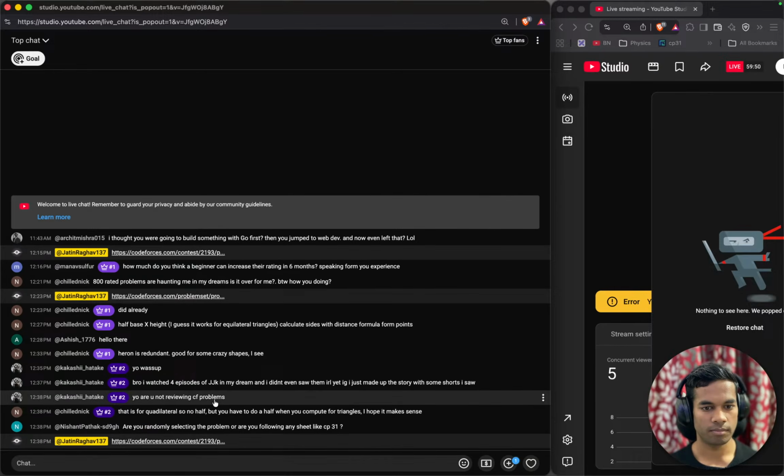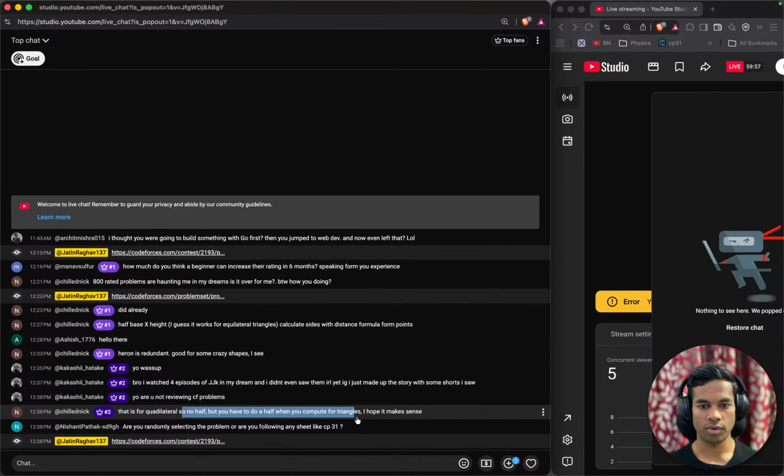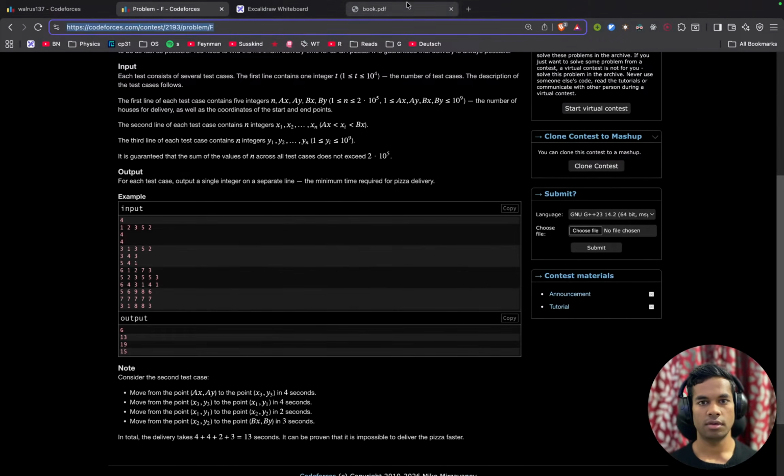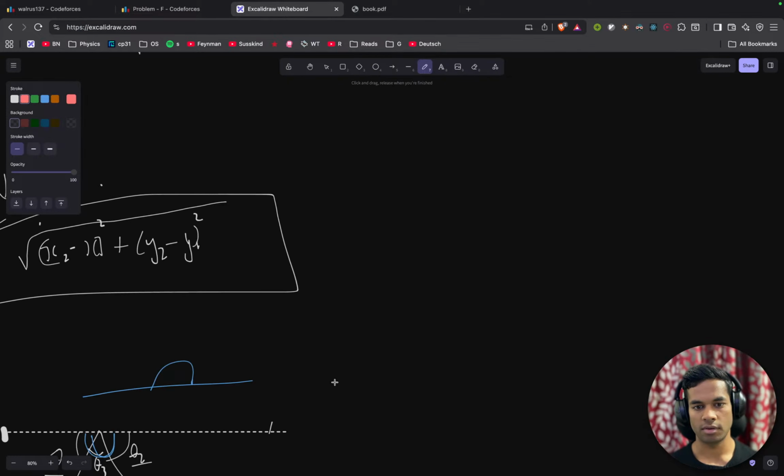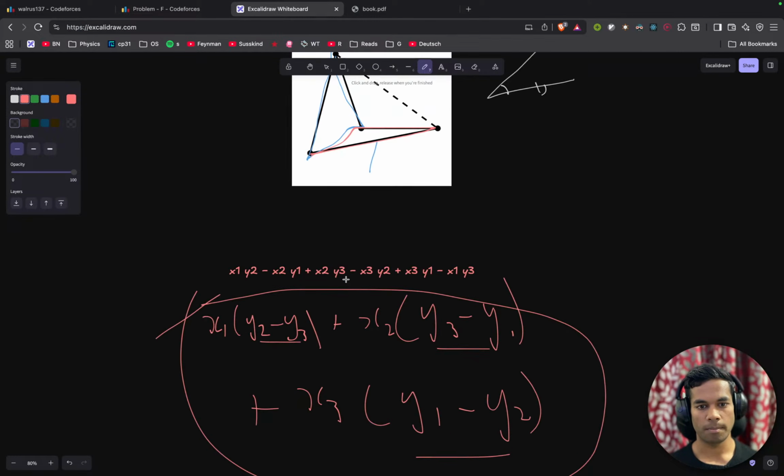This one is our quadrilateral, so no half, but you have to do a half when you compute for triangles. I hope it makes sense. I also reduced the sides.